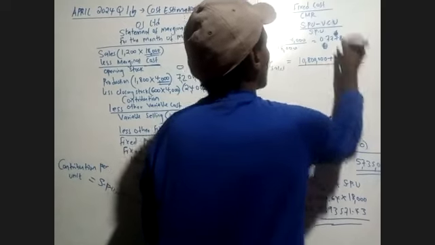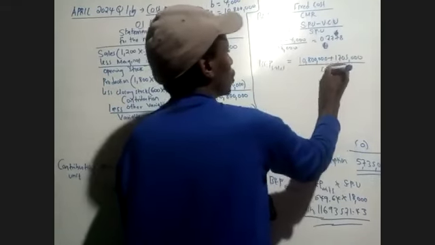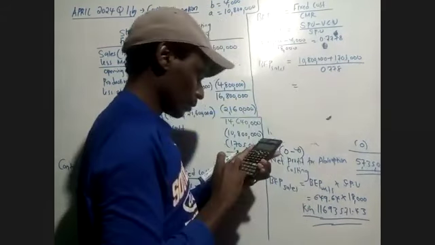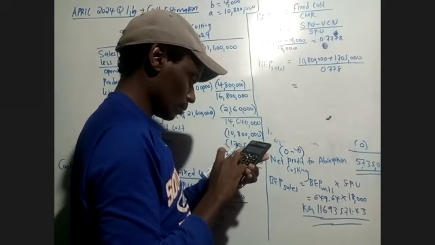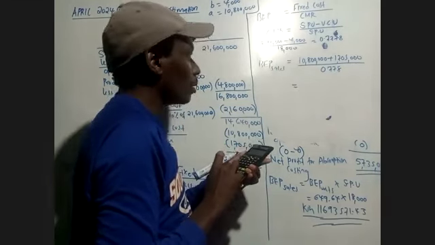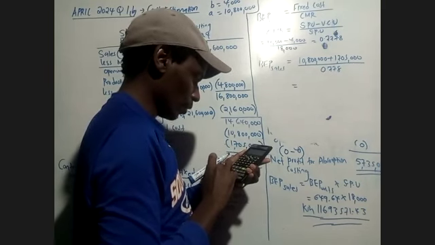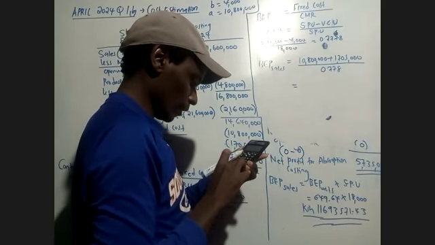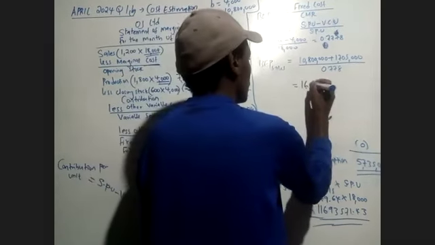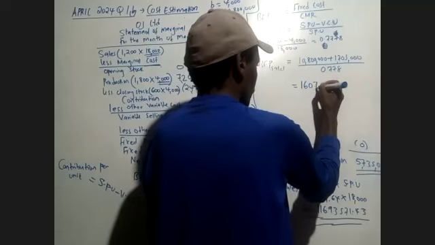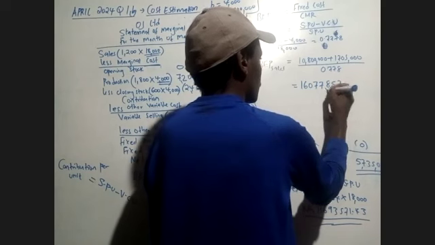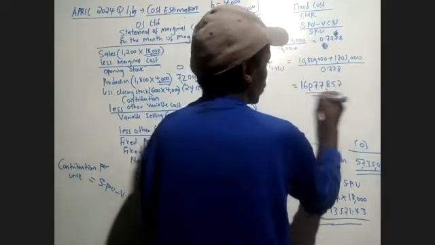Now we divide it with our CMF, which is 0.778. So 10,800,000 plus 1,705,000 divided by the answer. It gives us 160,077,857. So that is 16 million Kenya shillings.